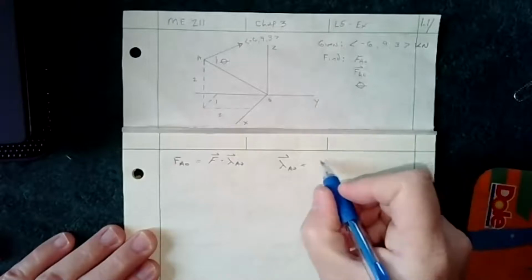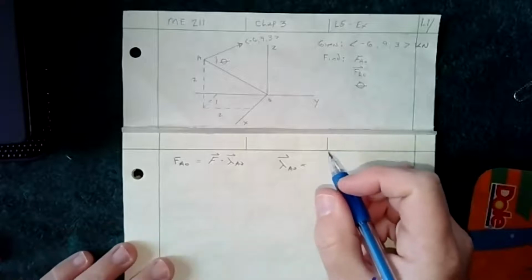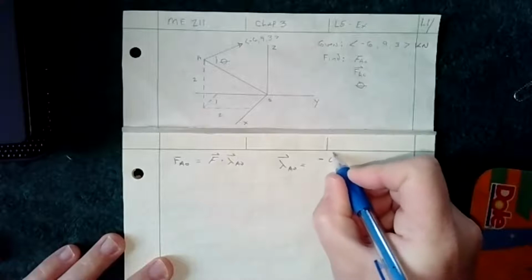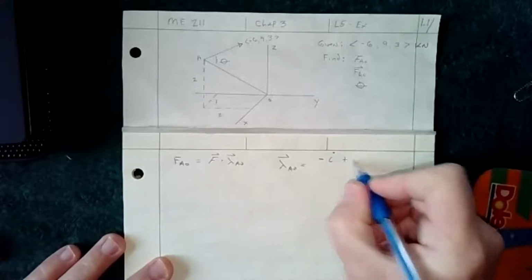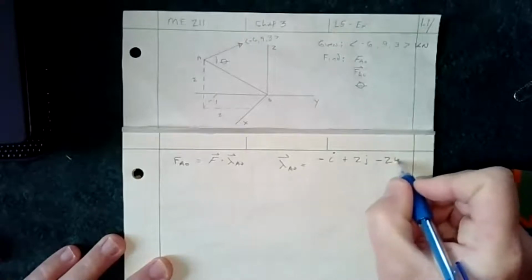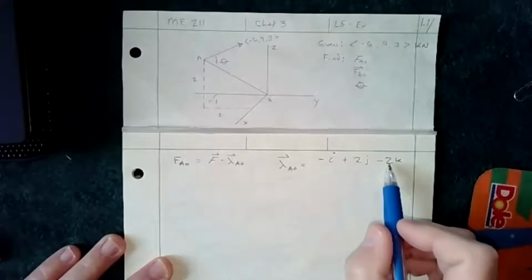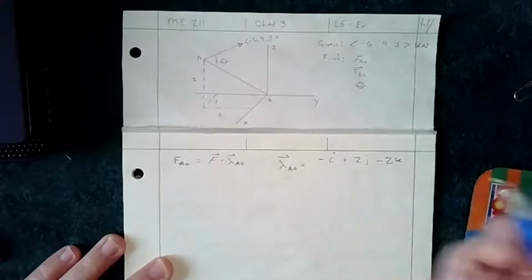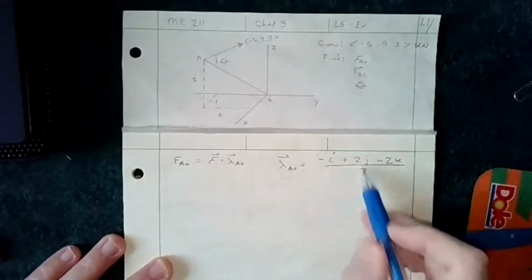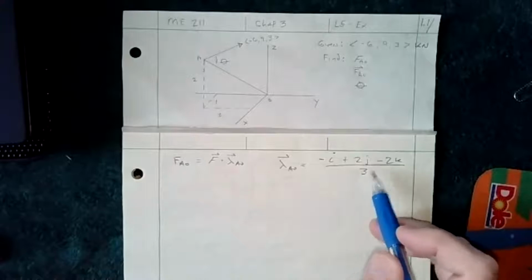To go from A to O, we go -1 in the I, +2 in the J, -2 in the K. If we take the magnitude, 1 squared plus 2 squared plus 2 squared is 9, the root is 3, so we divide by 3. We basically have -1/3, 2/3, -2/3 as our lambda AO.